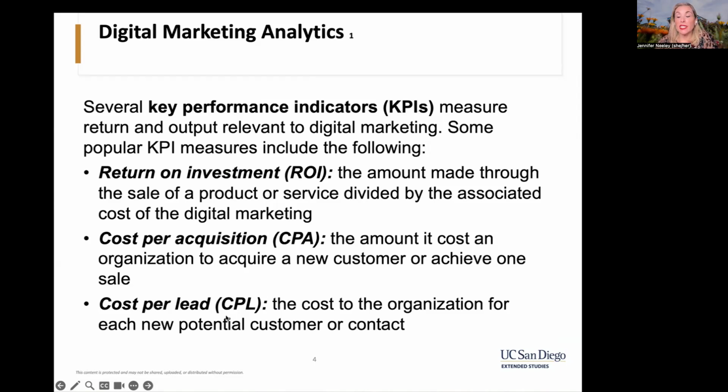Several key performance indicators, KPIs, measure return and output relevant to digital marketing. Some popular KPI measures include the following. ROI, I've mentioned it multiple times, return on investment. It's the amount made through the sale of a product or service divided by the associated cost of the digital marketing.